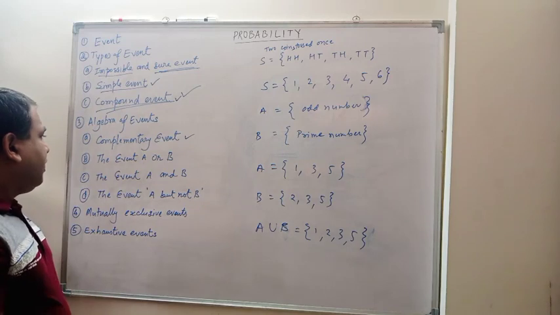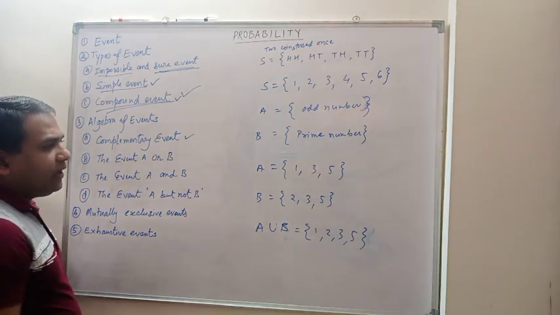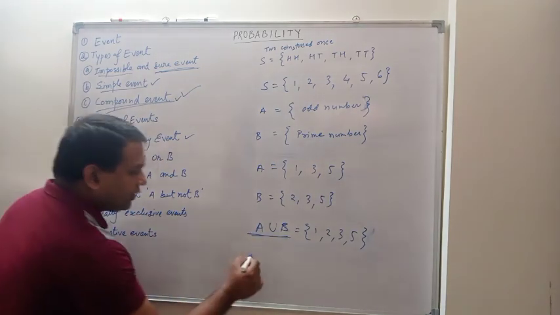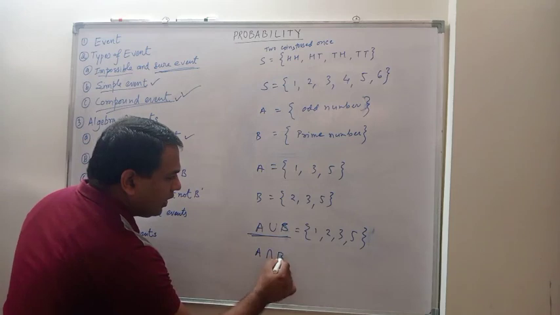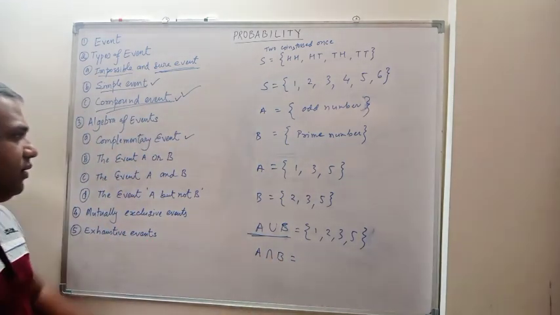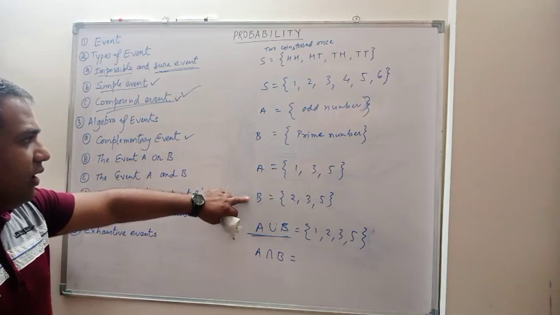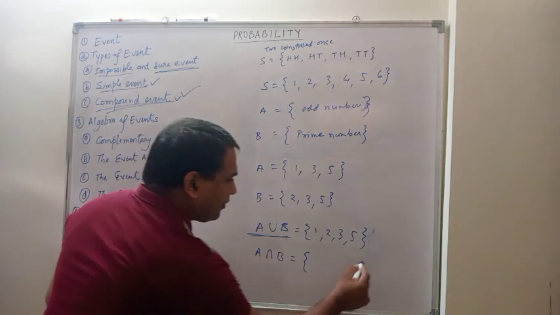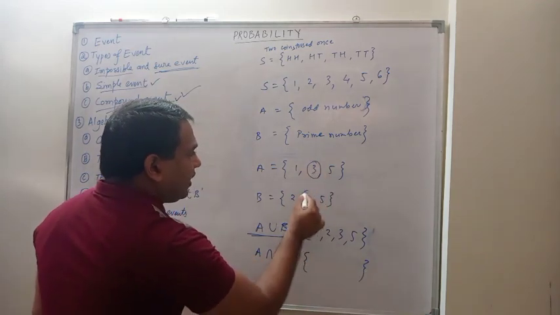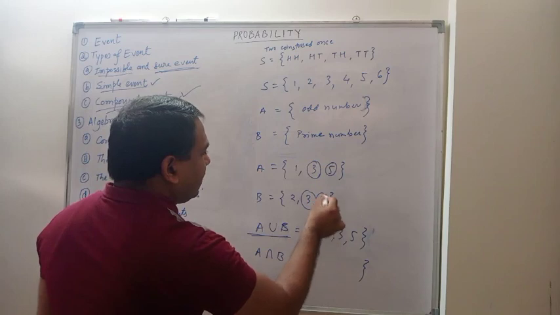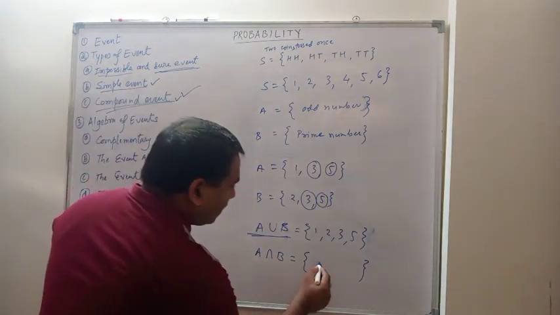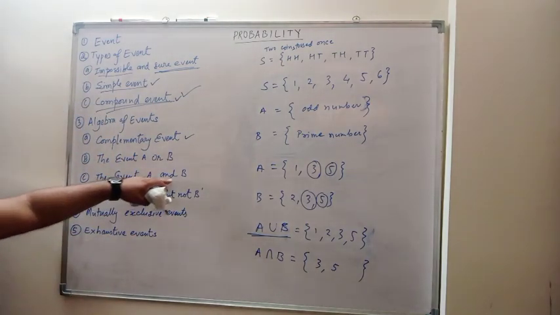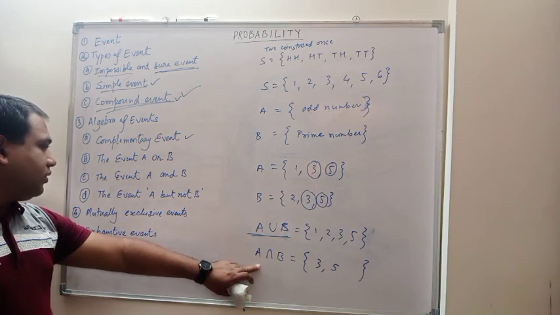Now if we are talking about the event A and B, the element must be present in both A and B, then only we will consider it. That is the 3 and 5 that we get here. So our answer will be 3 comma 5, the intersection.